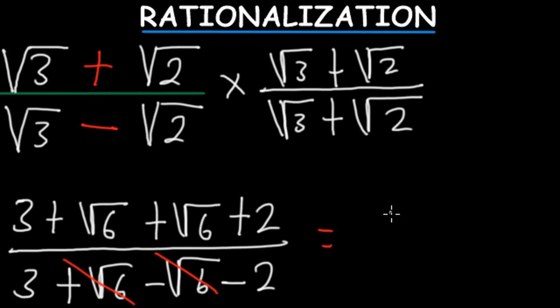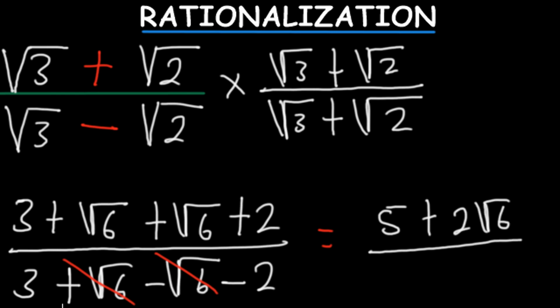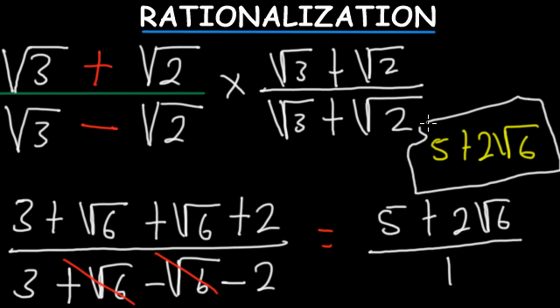So we have 5 plus 2 root 6, divided by 3 minus 2, that becomes 1. So our final answer is 5 plus 2 root 6. And that's it. That's how to rationalize a surd.